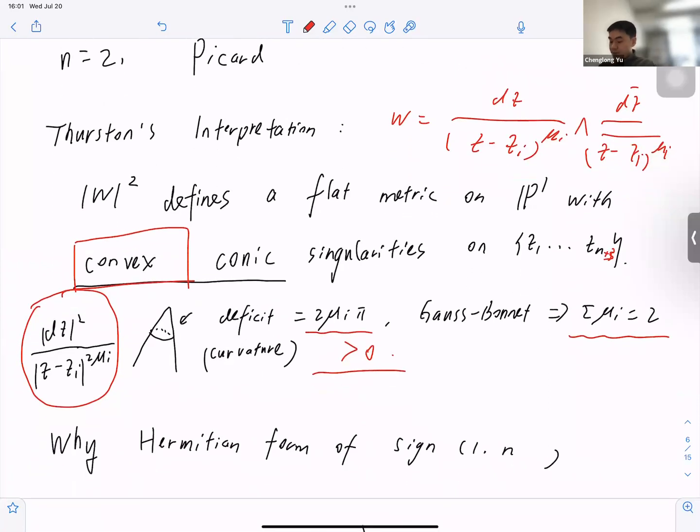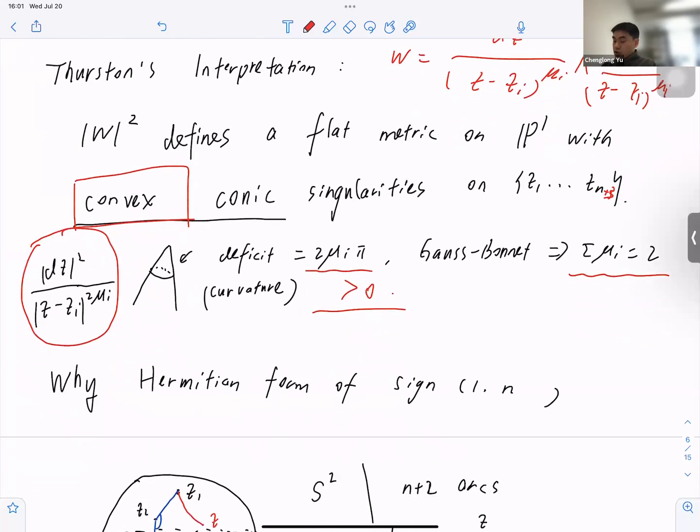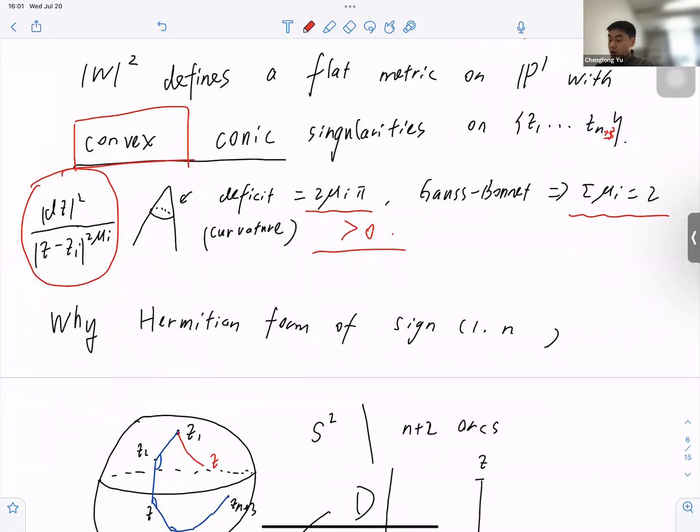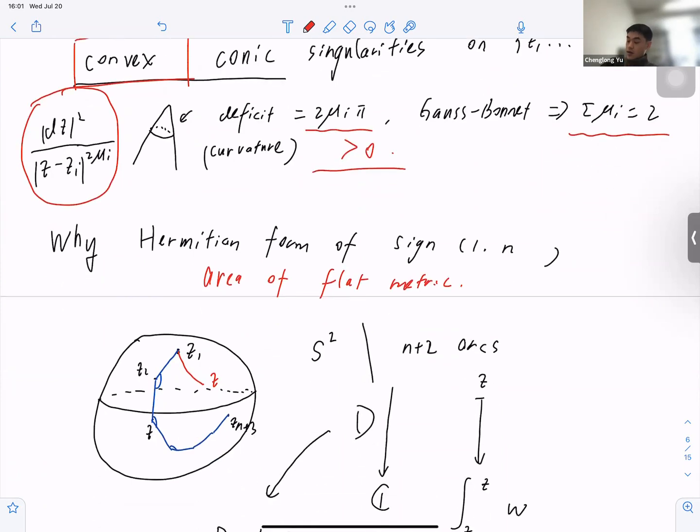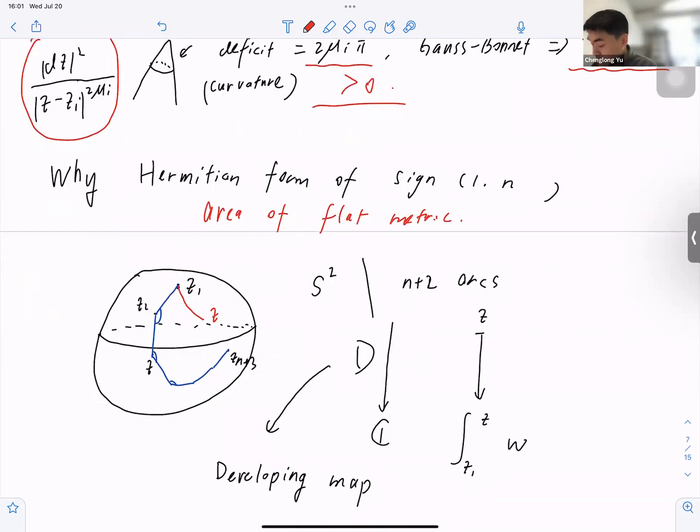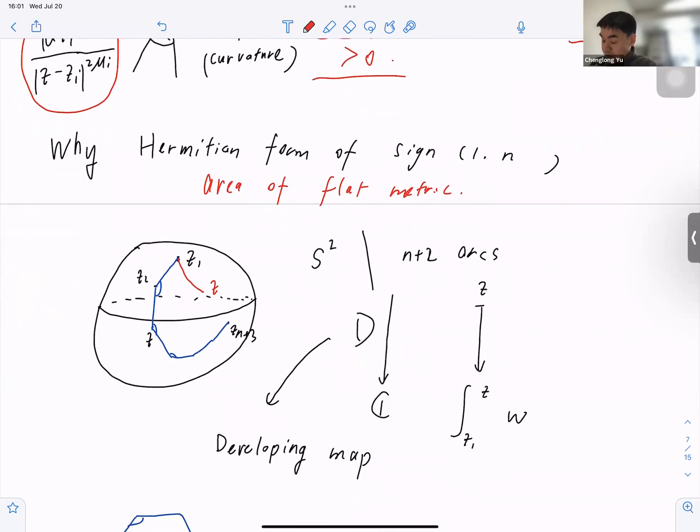So why do we have a Hermitian form? The Hermitian form naturally comes from the area of this metric. Let me explain why that is. If we have a flat metric on the sphere, then we can cut this sphere using some straight edges.